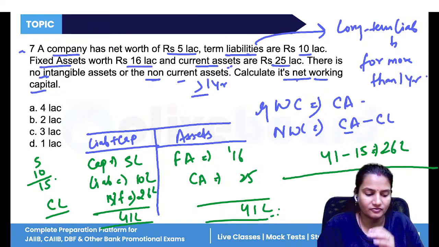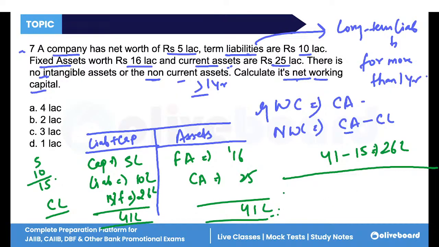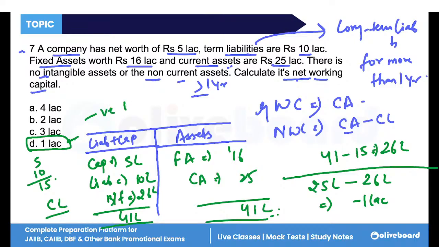Now what is being asked in the question? Calculate net working capital. Net working capital is current assets minus current liabilities. So current assets are 25 lakh minus current liabilities of 26 lakh. Now what is the answer? Minus 1 lakh. So no minus value is given in the options, but 1 lakh is given. It means this is your net working capital. It is negative working capital.